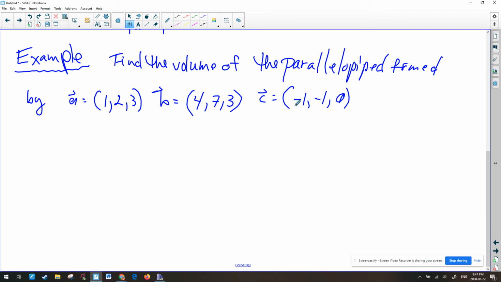Okay, so I want the volume. So volume I know is like A crossed with B dotted with C, sometimes called the triple product.